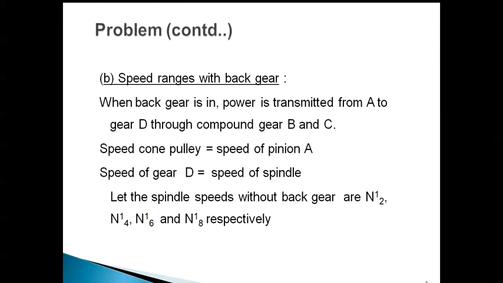Gear D is keyed to the spindle, so that's why the spindle will rotate.